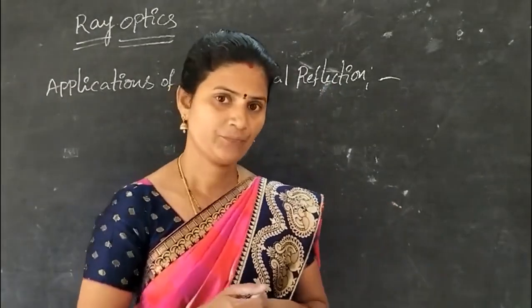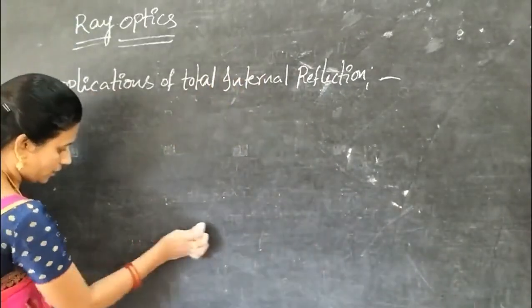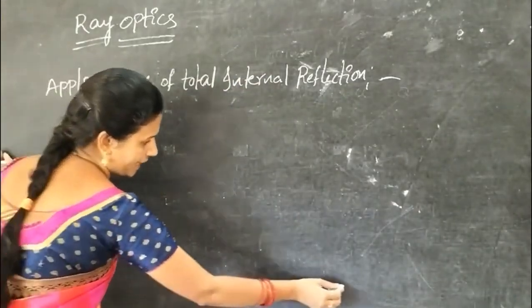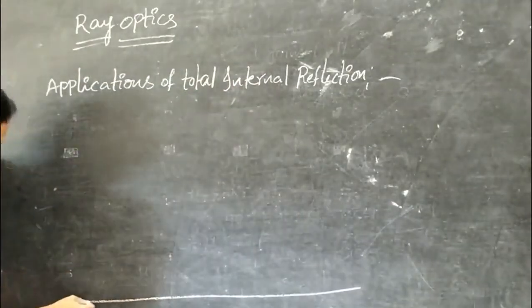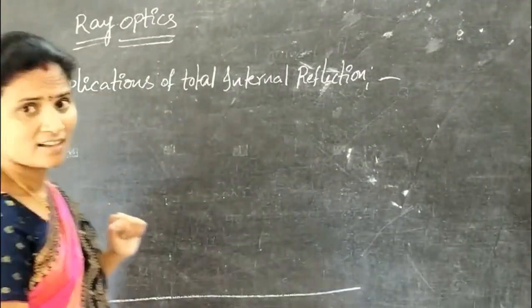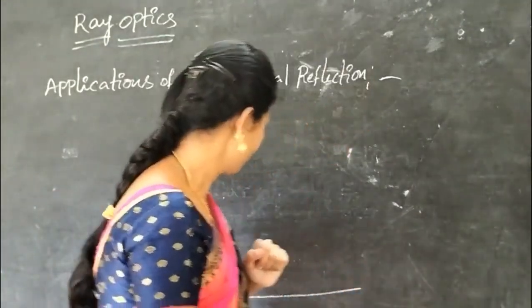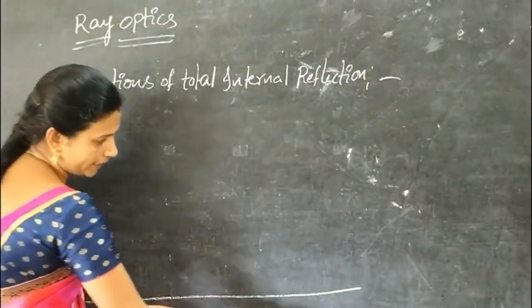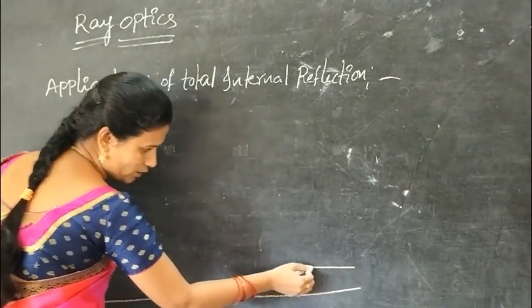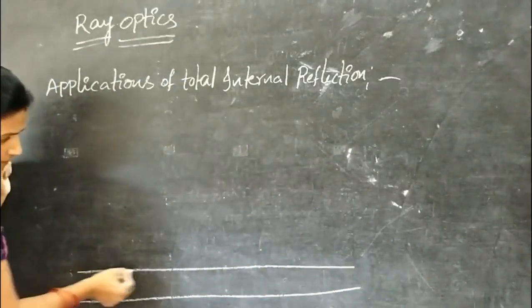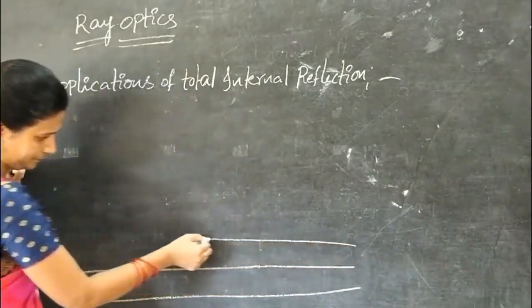Suppose this is the surface of the earth. In summer days, these are the air layers of the earth.